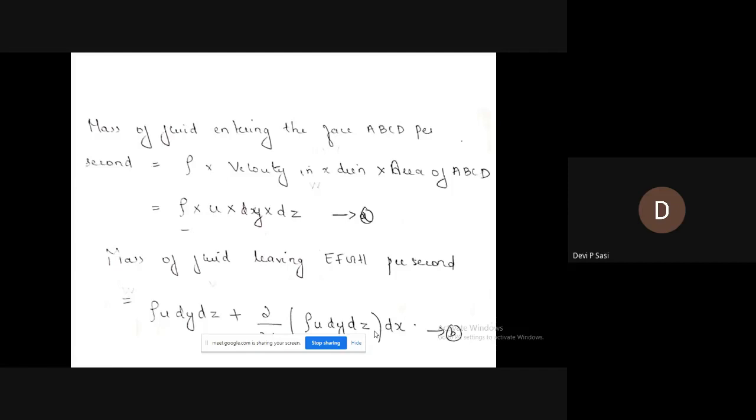So the mass in EFGH per second can be written as rho into u into dy dz, that is the mass of fluid entering the face ABCD, plus the change over the x direction.